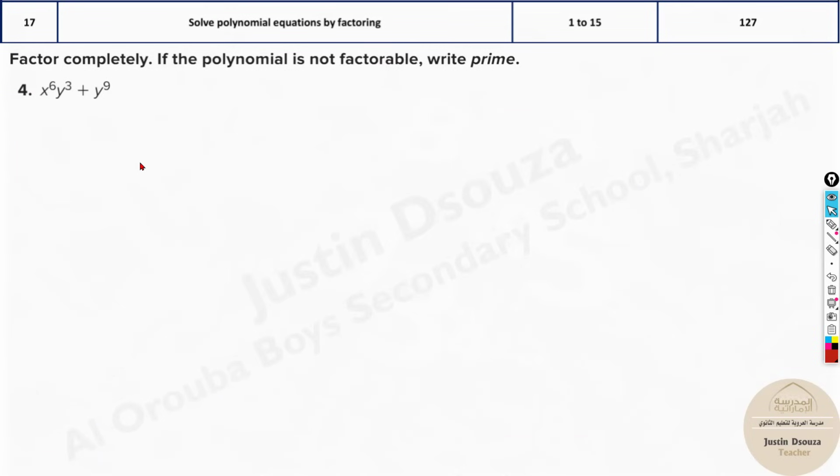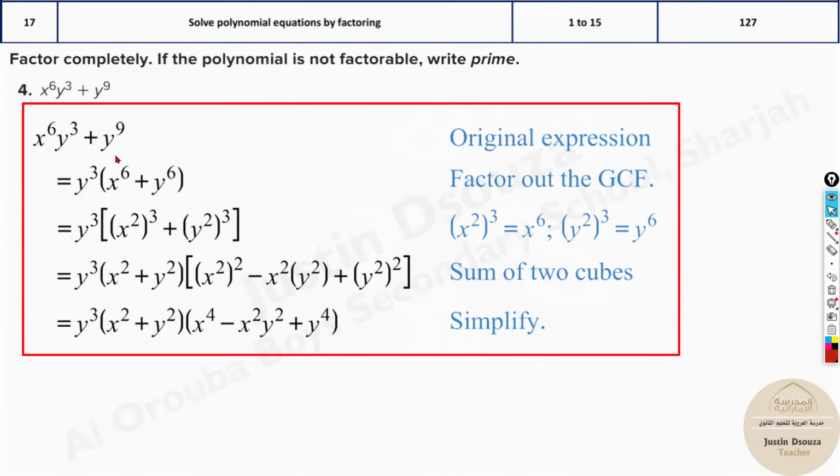We can see this is similar to the previous one, but there is one thing I forgot to tell you in the previous problem. Here you can't use what we did just a while ago. You can't take y cubed out common and write it as x to the power 3 the whole square plus y cubed the whole square.